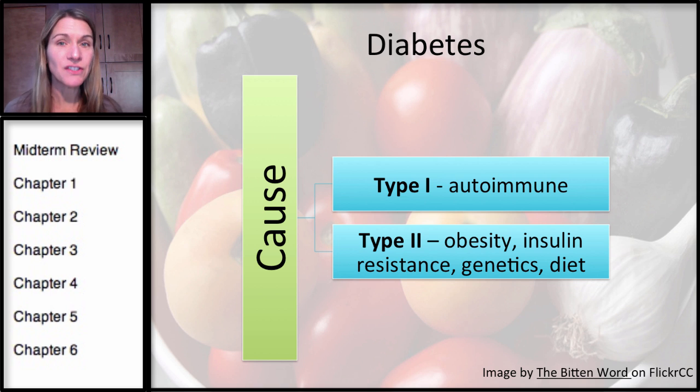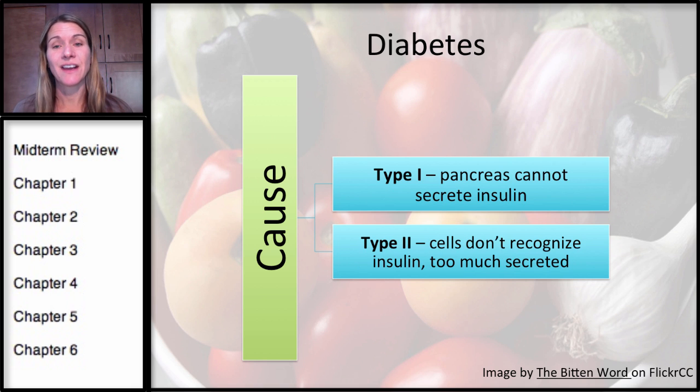Usually there's too much insulin. I already mentioned genetics, obesity, abdominal obesity, and of course diet, and then physical inactivity. So lots of factors contributing to type 2 diabetes. And it's not something you catch. This is something that is multifactorial and develops over time.